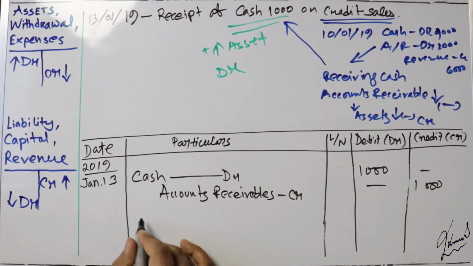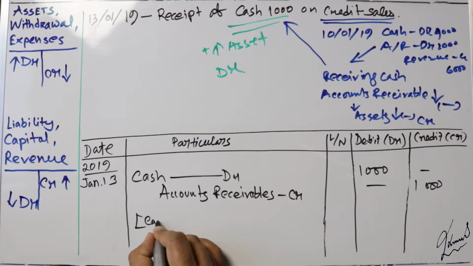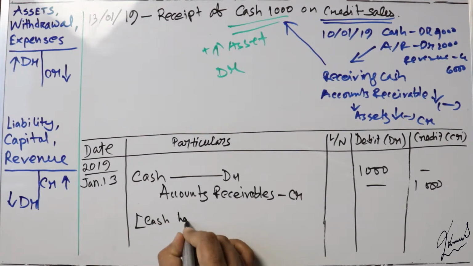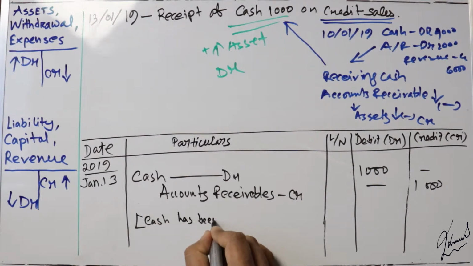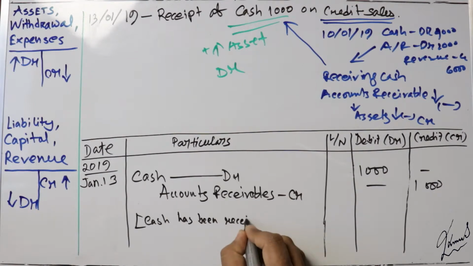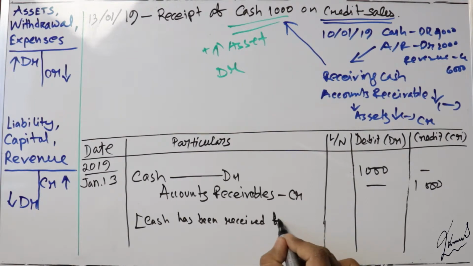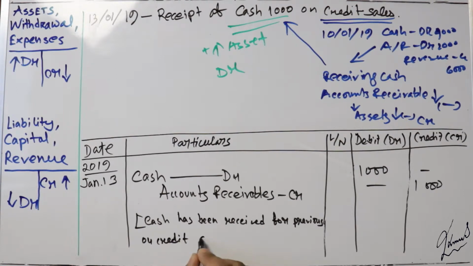Just put a short note: cash has been received for previous credit sales. So that was the journal entry for the transaction.